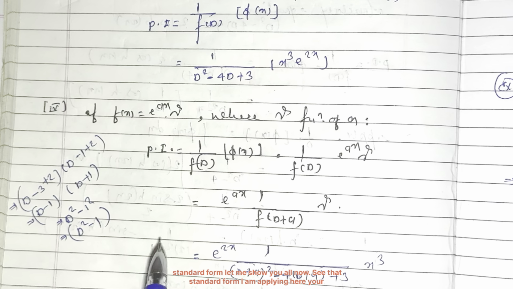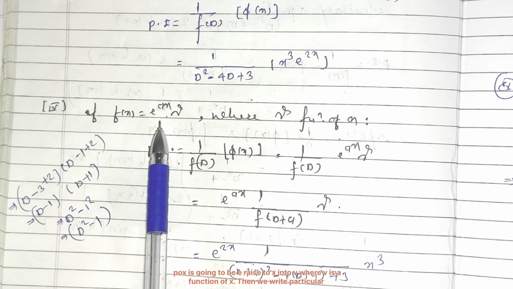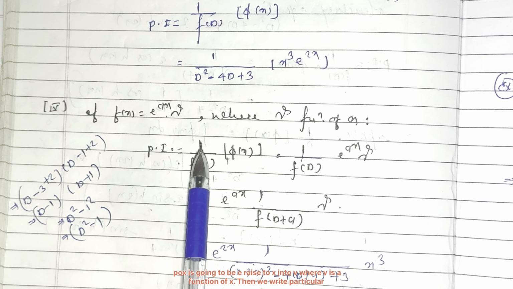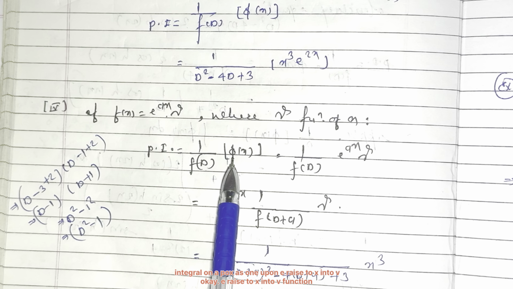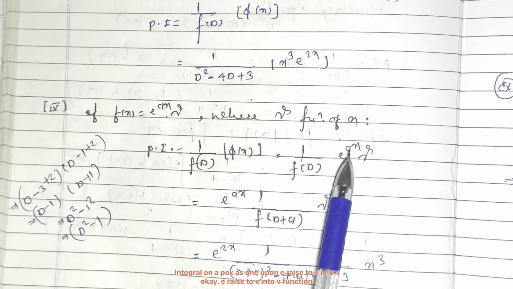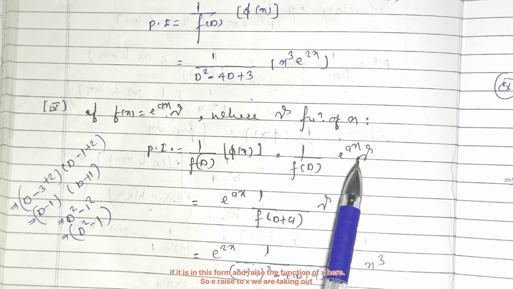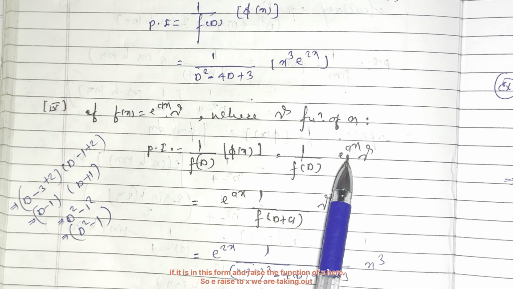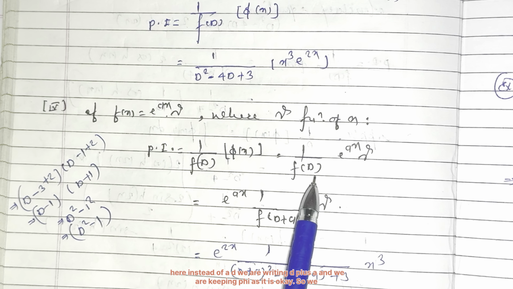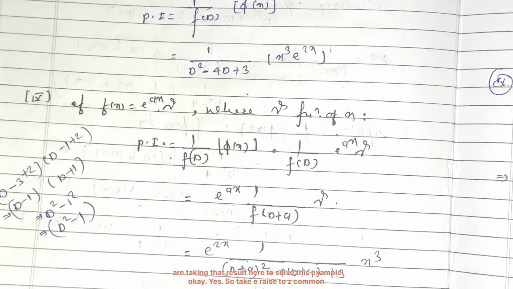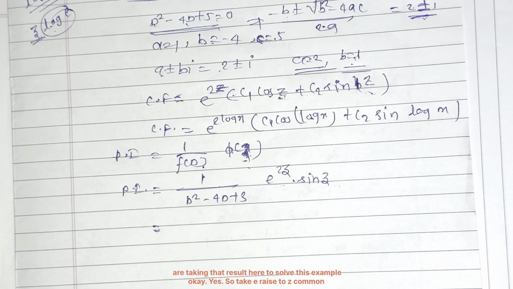The standard form I am applying here: f of x is equal to e raised to ax into v, where v is a function of x. Then we write the particular integral 1 upon f of d phi of x as 1 upon f of d e raised to ax into v. So e raised to ax we take out, instead of d we write d plus a, and we keep v as it is. We are taking that result here to solve this example.